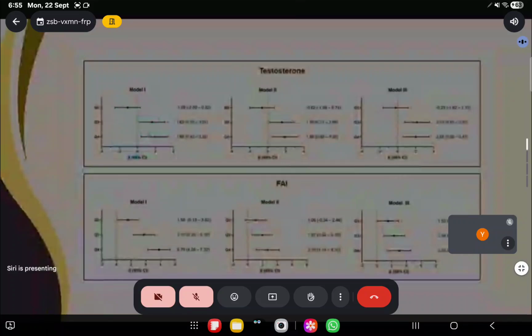Here, as you can see, quartiles 3 and 4, which are depicted by separate bars, were considered positively associated with the heart rate achieved at the end of the step test in both testosterone as well as FAI quartiles. However, quartile 2 was only positively associated in models 1 and 3.